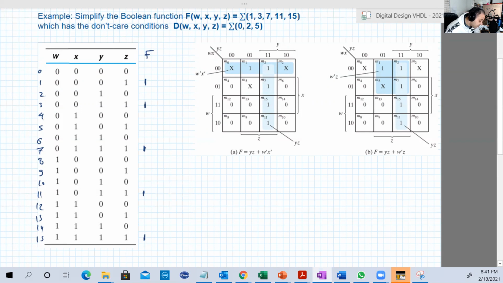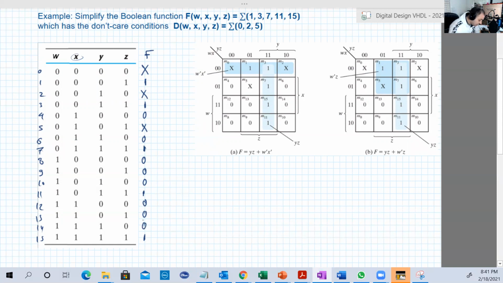Don't care at 0, 2, 5. The usual symbol for don't care is a capital X, so don't confuse it with variable X. So at 0 you have a don't care, at 2 a don't care, at 5 a don't care. The rest are zeros: for all other combinations, F will be 0.